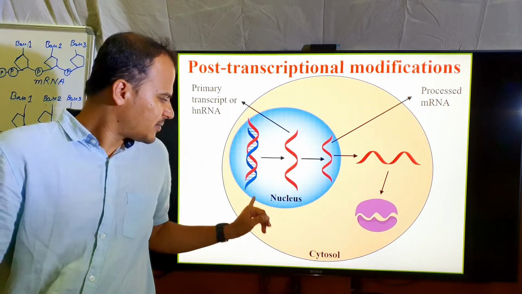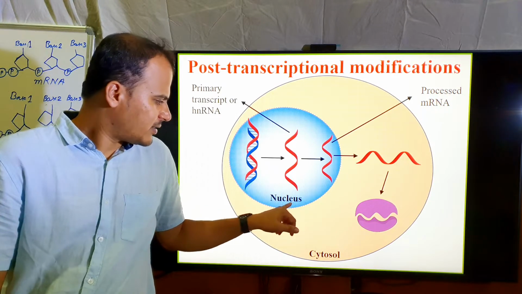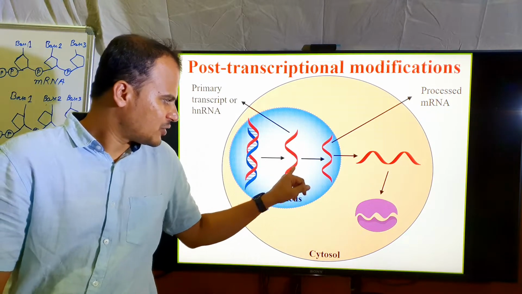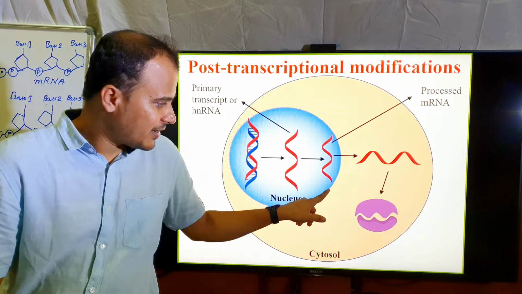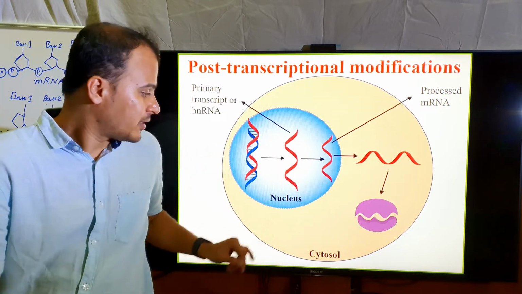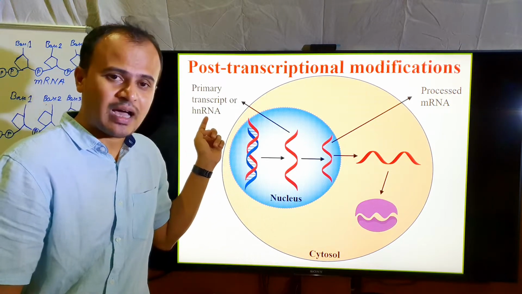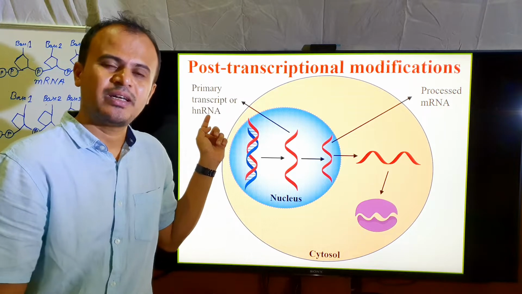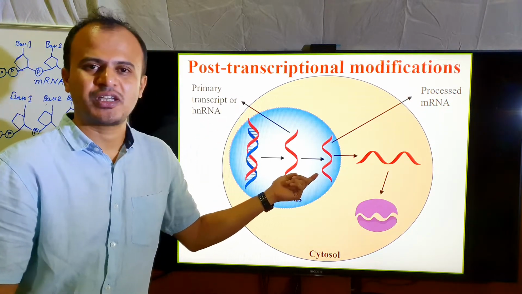Now you can see that there is a double-stranded DNA. This DNA undergoes transcription to produce the single-stranded RNA. The RNA that is produced is called the primary transcript or hnRNA. hnRNA means heterogeneous nuclear RNA. This undergoes processing.